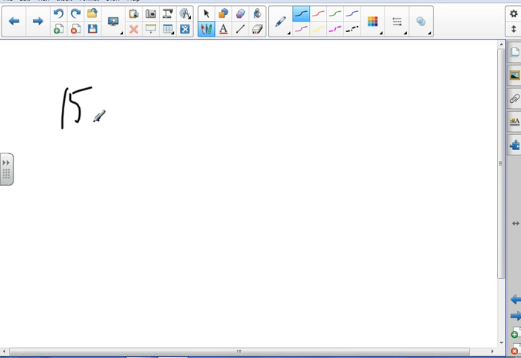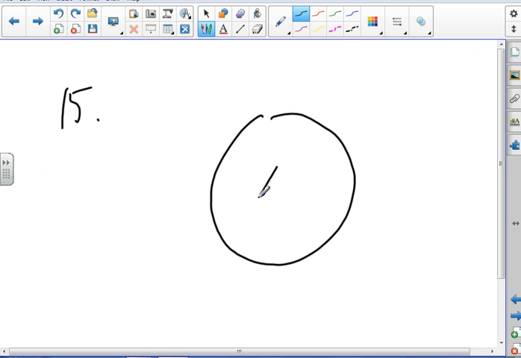Problem 15, weighted graph 64. Okay, so I see it over there. So there's my graph. I got a circle thingy, and I got a triangle thingy, and I got points there, there, here, and here.